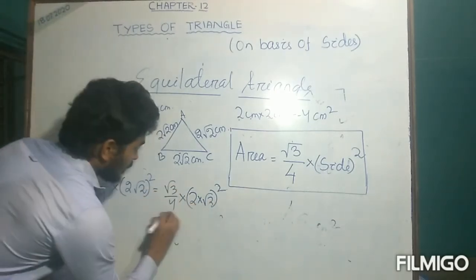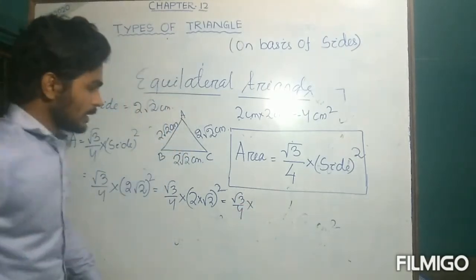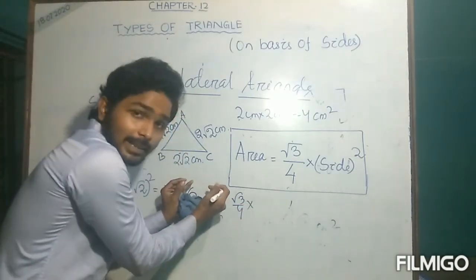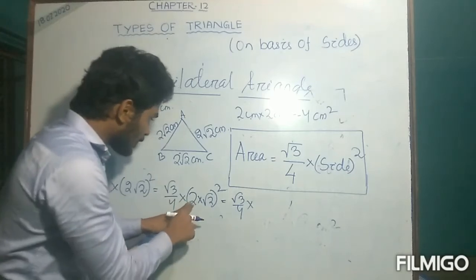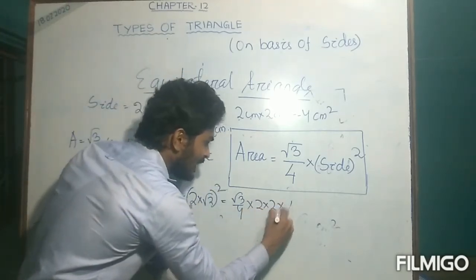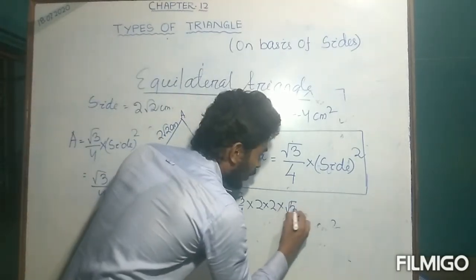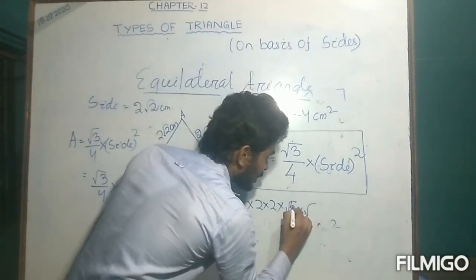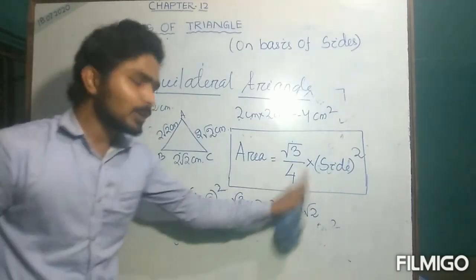Next, root 3 by 4 into, since there is a bracket and inside the bracket there are 2 and root 2, two numbers, it means 2 is multiplied twice and root 2 is multiplied twice according to the law of exponents.